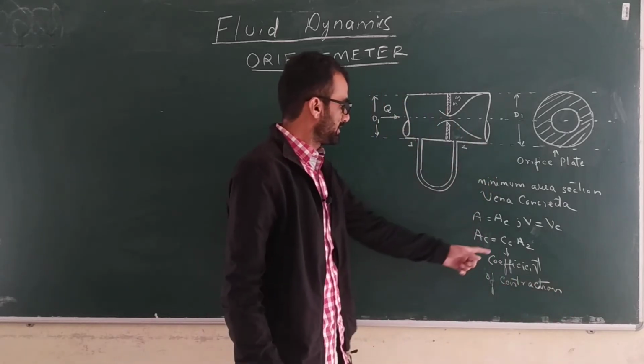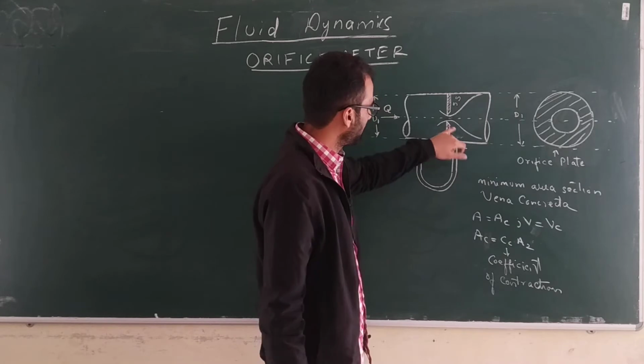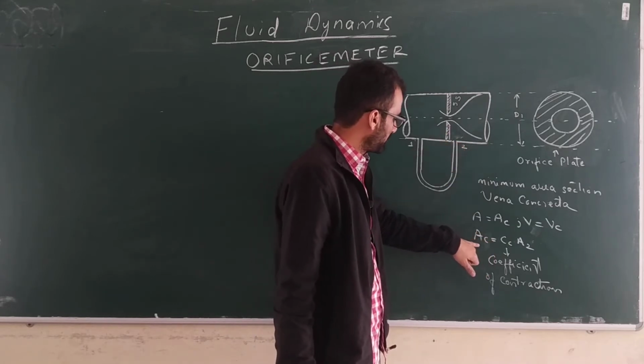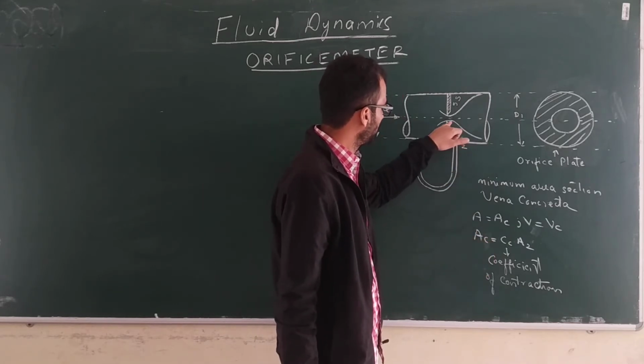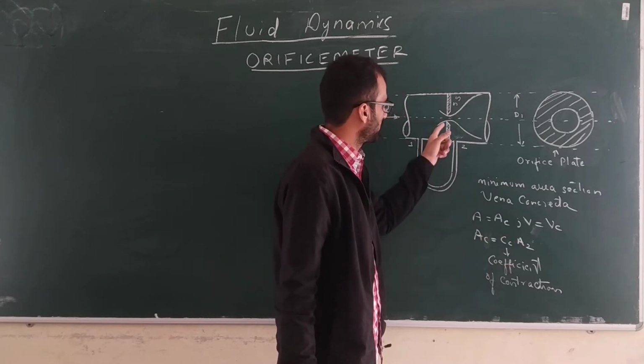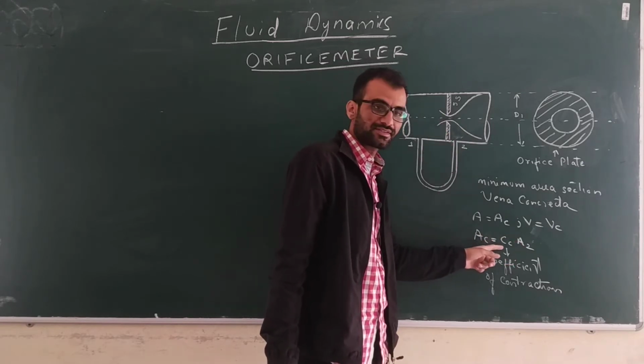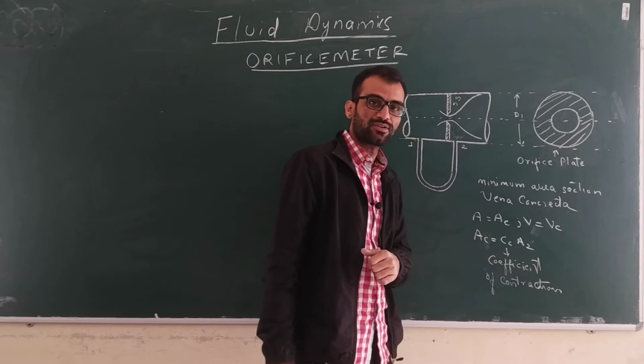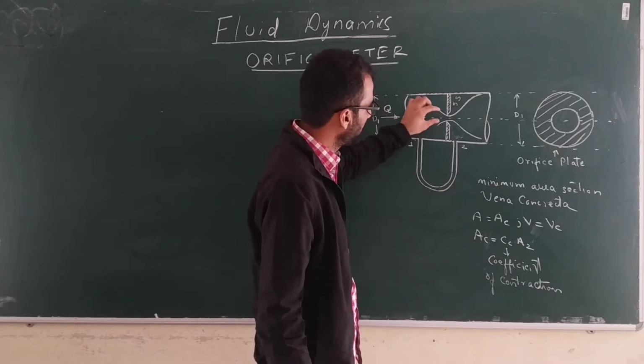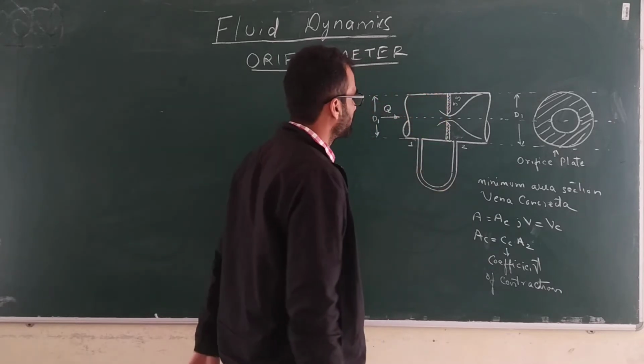CC is the coefficient of contraction. So we can get the area of vena contracta by multiplying the area of the opening with the coefficient of contraction. It is slightly less than the area of the opening here.